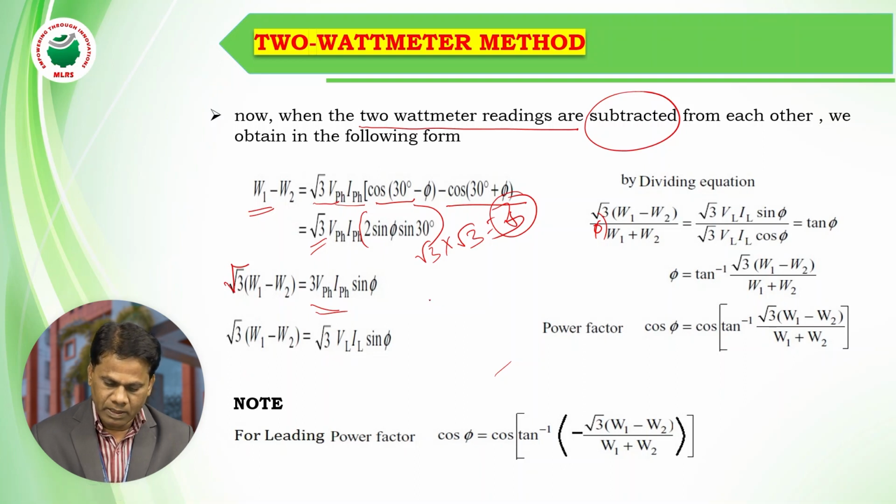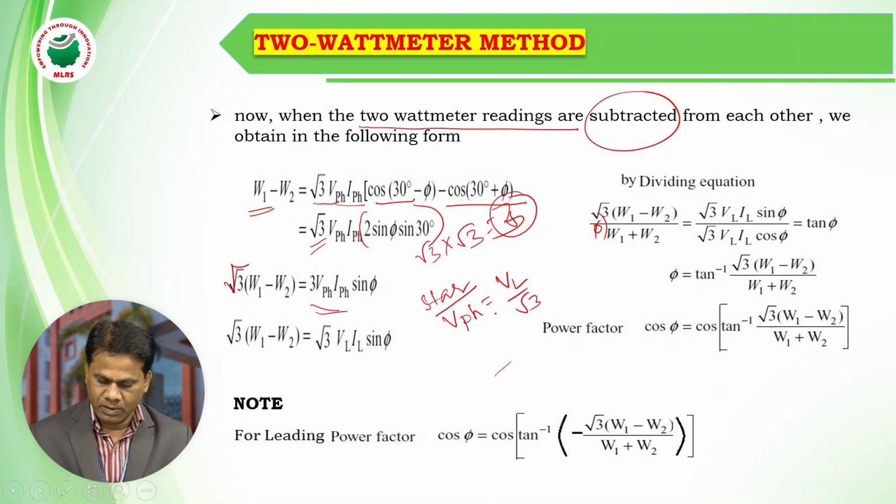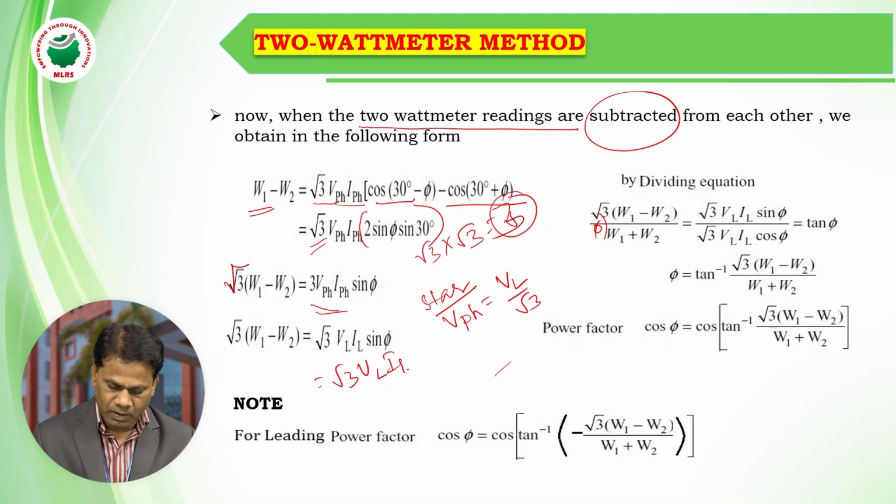We know that in a star connected load V phase is equal to VL by root 3. So in terms of this, we can write root 3 VL IL sin phi.